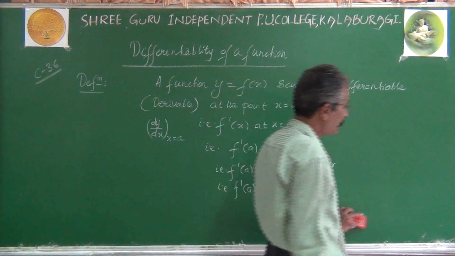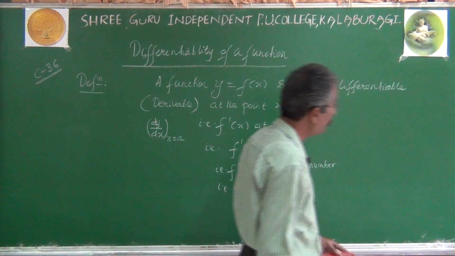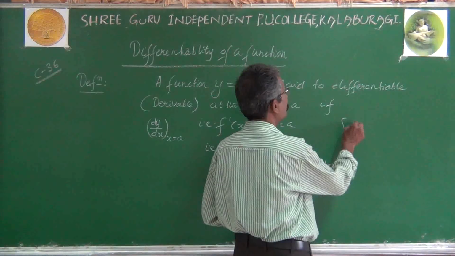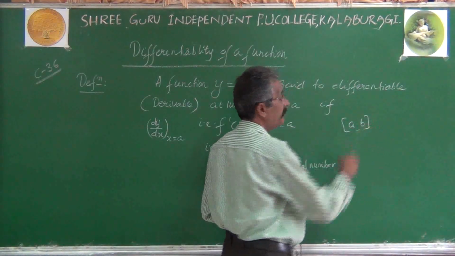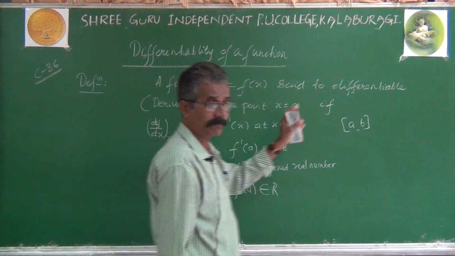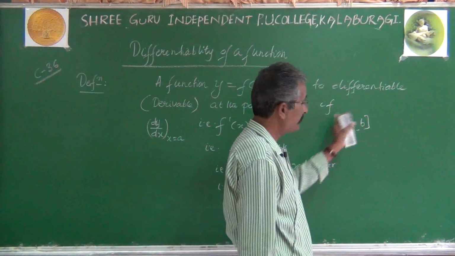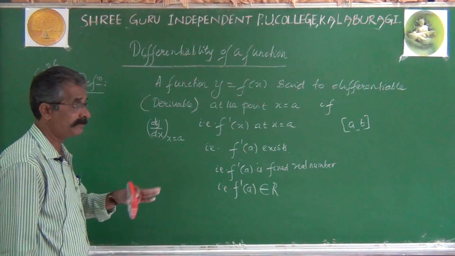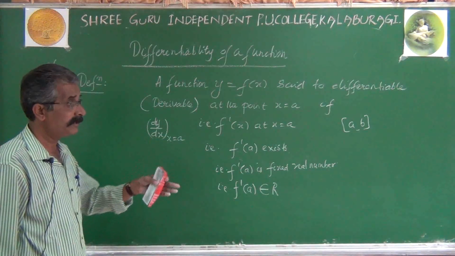Similarly, we can extend the concept from a point to an interval. A function is said to be differentiable on the interval a comma b, meaning f dash of x exists at x equal to a, at x equal to b, as well as in between a and b, for all those points including a, including b, and in between.